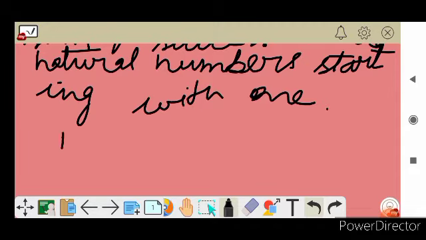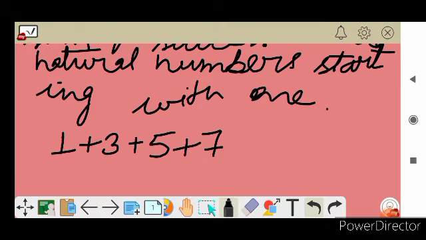For example, 1 plus 3 plus 5 plus 7 are odd numbers, and these are also natural numbers. So 1 plus 3 is 4, 4 plus 5 is 9, 9 plus 7 equals 16, and 16 is a perfect square number, so we can write here 4 square.